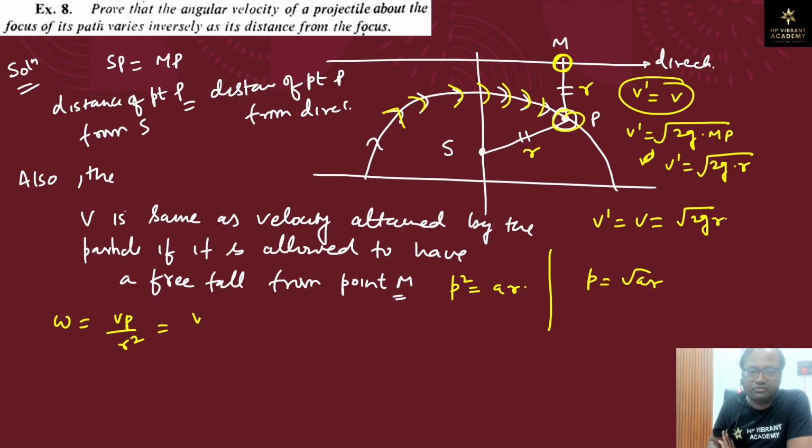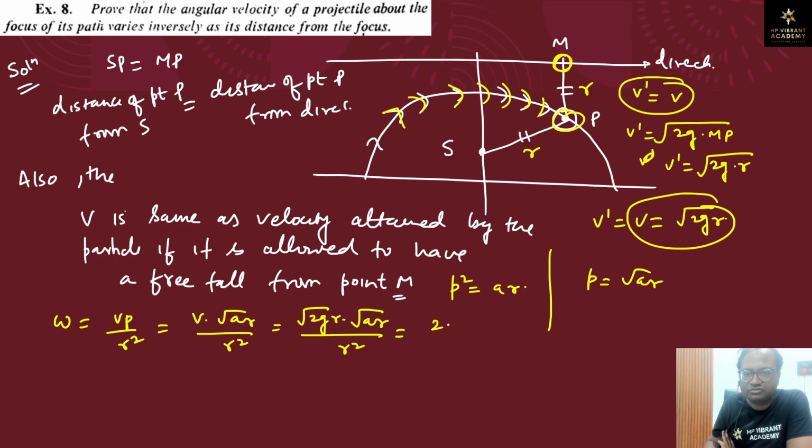So this will be equal to V into root under AR upon R square. And V we have as root under 2gR. So root under 2gR into root under AR upon R square. So this is equal to root under 2gA into R upon R square. So we have the angular velocity equal to root under 2gA upon R.